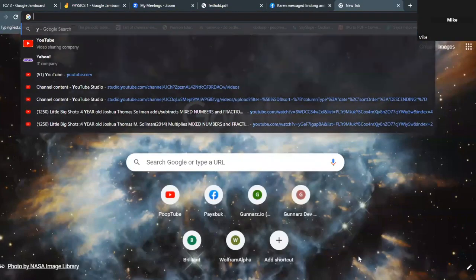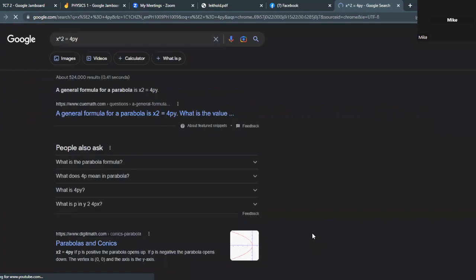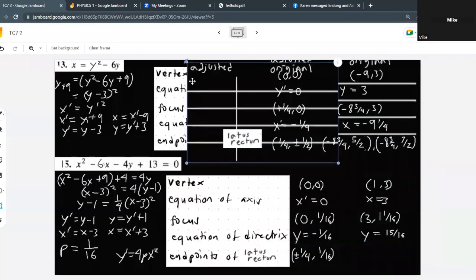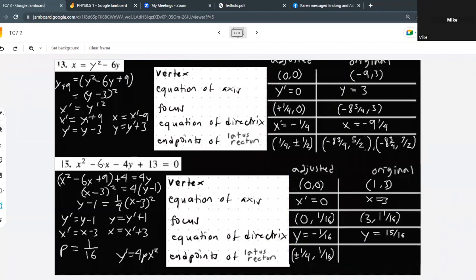Yeah. So x prime squared equals 4py. So may errors na tayo sa ngayon, check na natin, no?